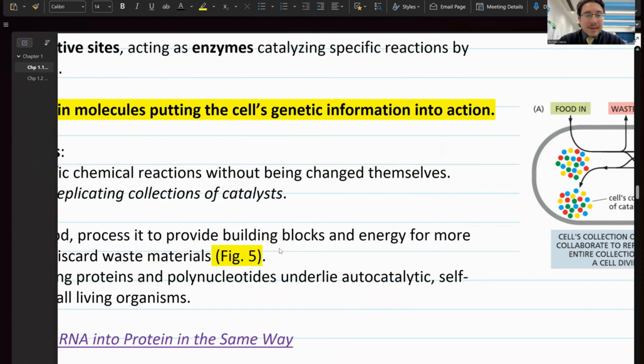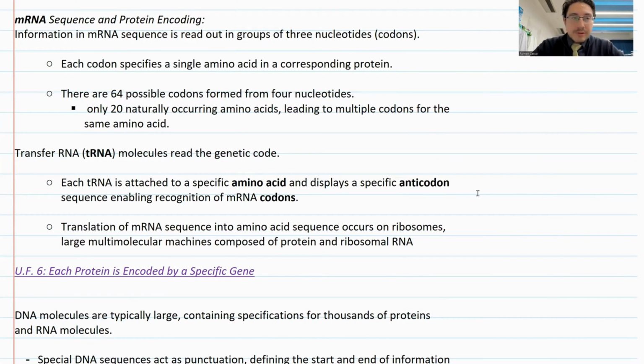Okay. So now we're going to go to universal feature number 5. All cells translate RNA into protein in the same way. So in terms of mRNA sequence and protein encoding, information that is in the mRNA sequence is read out in groups of 3 nucleotides, which are commonly called codons.